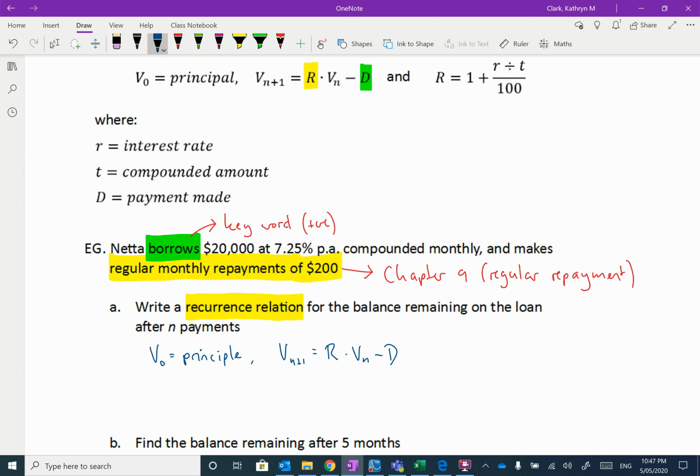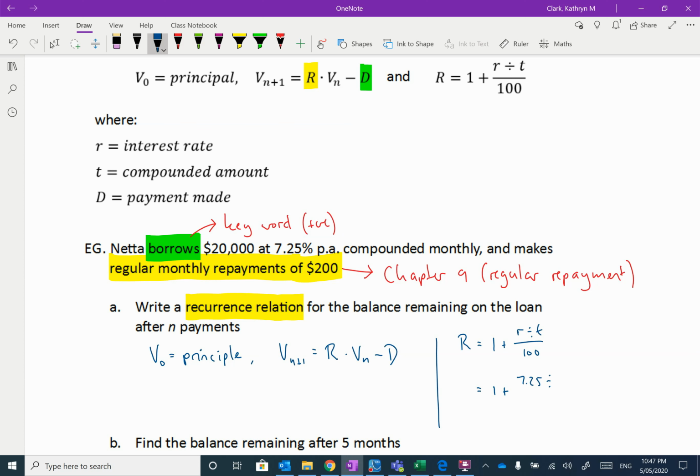I've highlighted R and D up above because they're the only two values you need to substitute into your formula along with your principal. So I need to do a calculation for R. R equals 1 plus little r divided by T, all divided by 100. In this case, it's going to be 1 plus, little r is always going to be my rate, so 7.25.